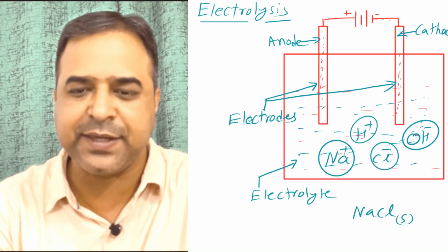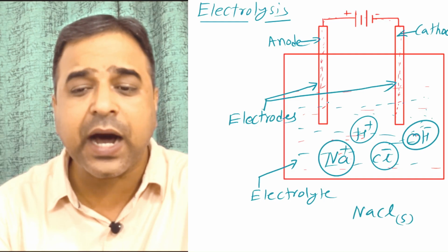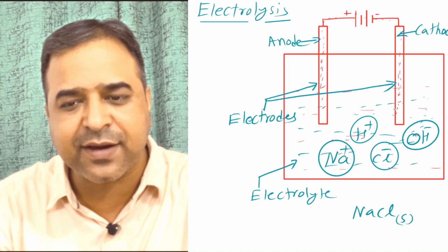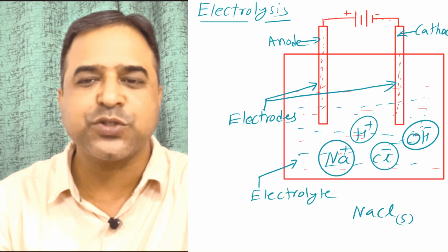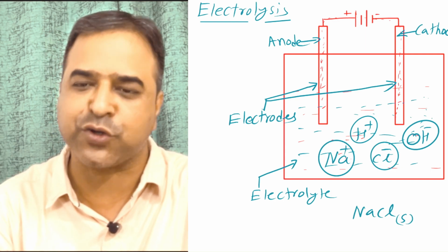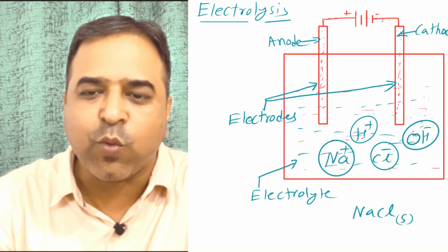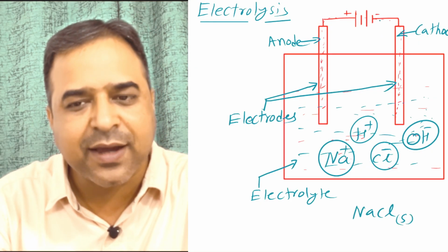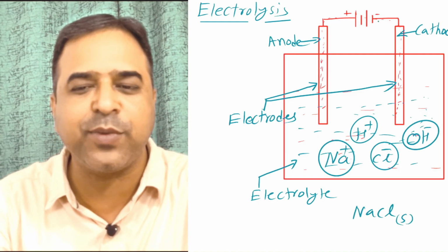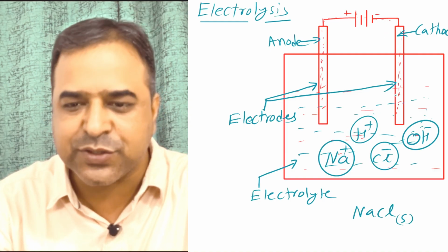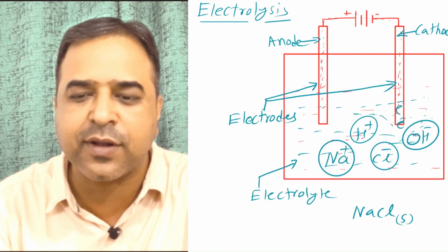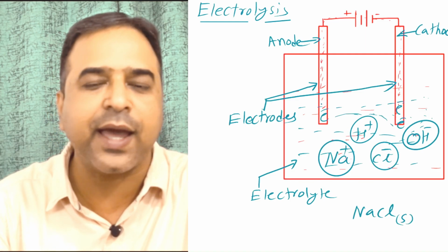Now we will see how electrolysis takes place. Whenever electric current is passed through it, there will be a flow of electrons. Remember, the cathode is negative because the concentration of electrons will be maximum on this side. So these electrons move from the cathode to the anode.